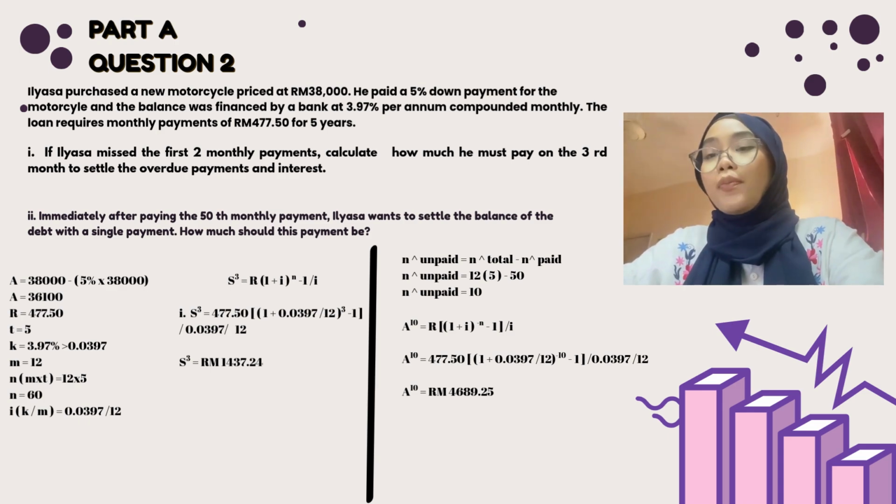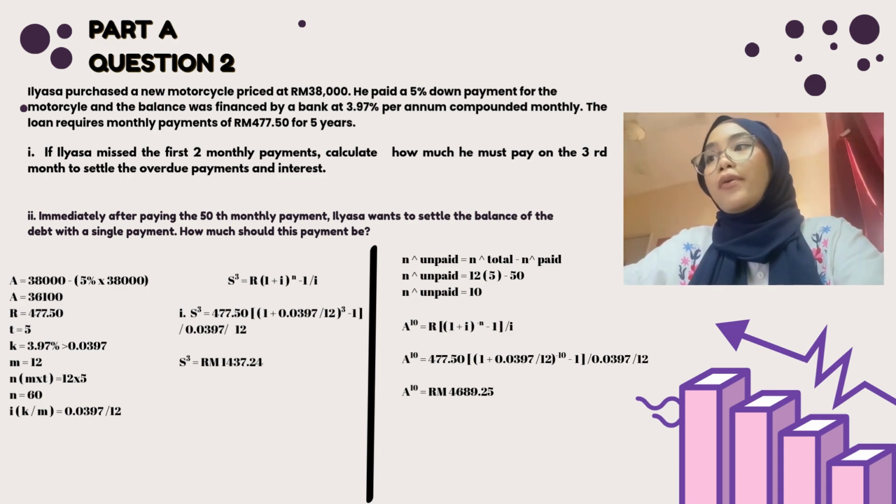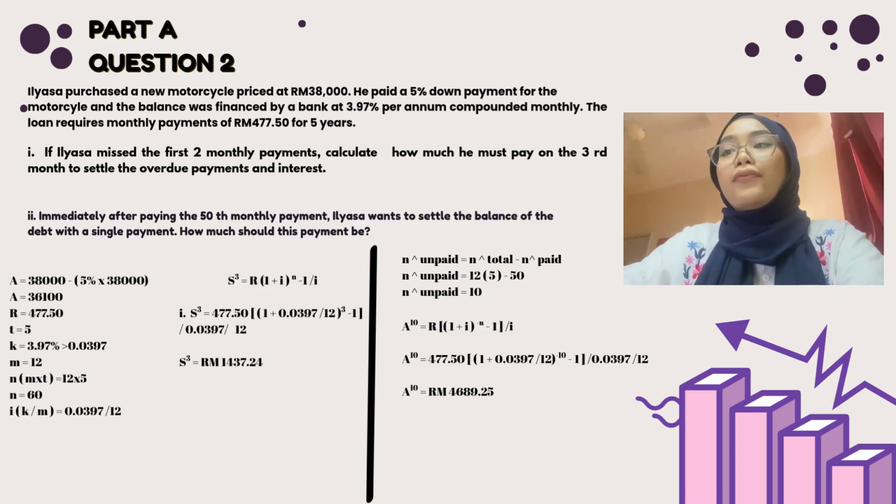Second, 1 plus 0.0033083 equals 1.0033083. Third, raise it to the power of 3, subtract 1, multiply by 477.50, and finally divide by 0.0033083. This gives the amount RM 1,437 ringgit and 24 cents. So Elisa must pay 1,437 ringgit and 24 cents on the third month.